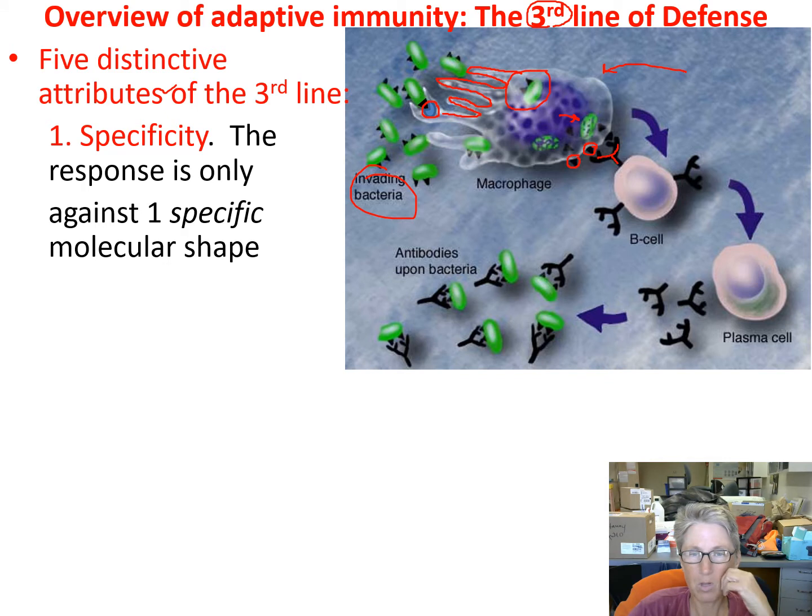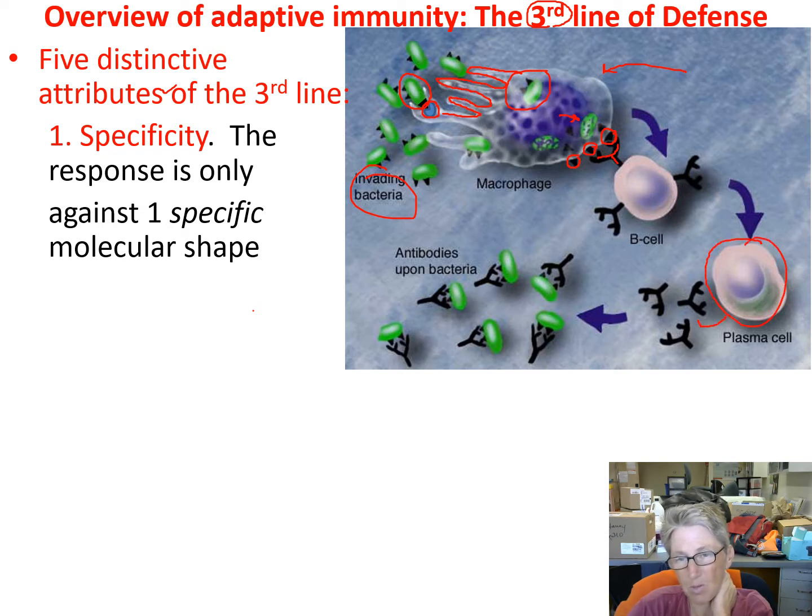So this is a little tricky. The macrophage recognizes the bacteria non-specifically via the Toll-like receptor PAMP interaction, and then the B cell specifically recognizes certain pieces of the bacteria that the macrophage presents on its cell. And then once the B cell recognizes those specific pieces of the bacteria, it gets activated, becomes a plasma cell.